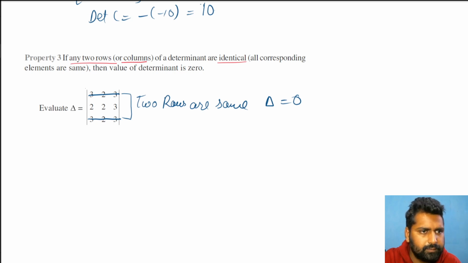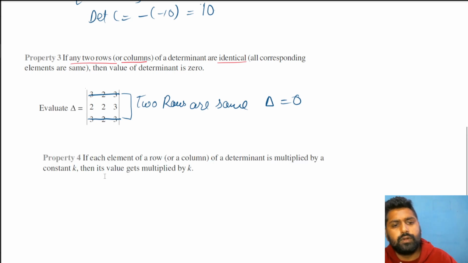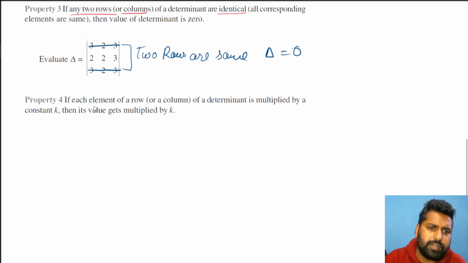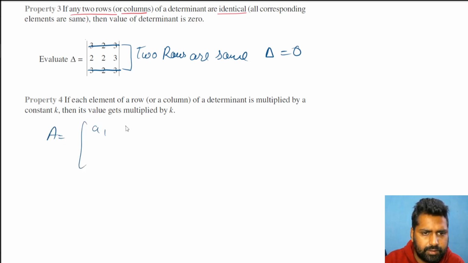Next property. The fourth property says that if each element of a row or column of a determinant is multiplied by a constant k, then the value of the determinant gets multiplied by k. I'll explain what that means. Let's say you have matrix A: A1, A2, A3, B1, B2, B3, C1, C2, C3.